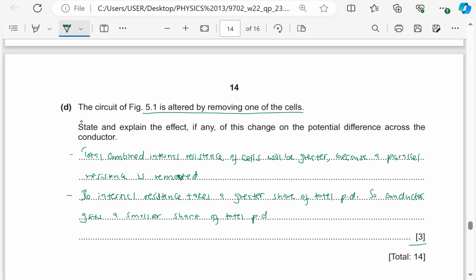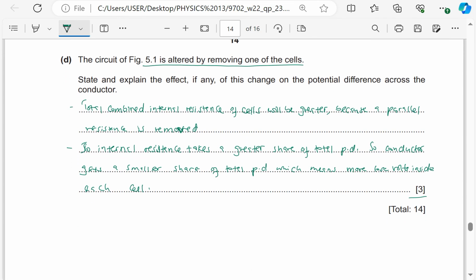Which means there are more lost volts inside each cell of the total PD. There will be more lost volts inside each cell.